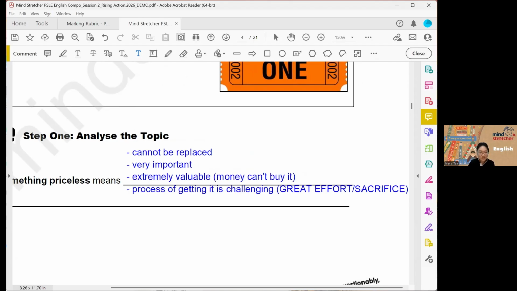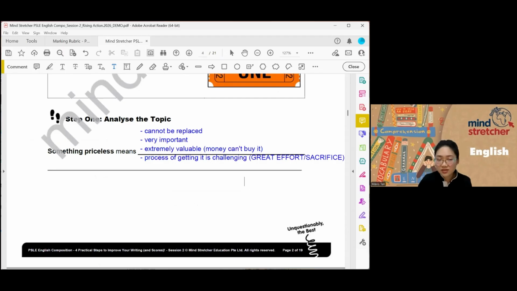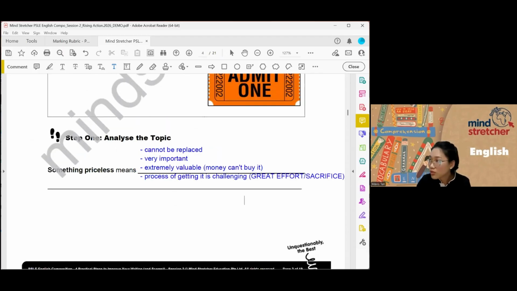If you know someone has put in great effort, sweat and tears and sacrificed the time and money to get you this thing, you'll be so touched, right? It's so precious to you because no one has ever done that for you. So it's priceless. So these are some things related to something priceless.